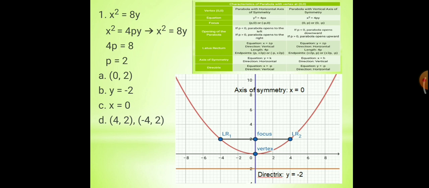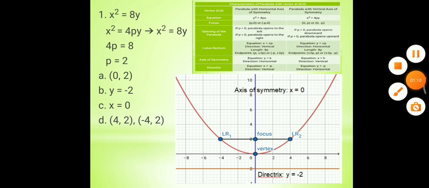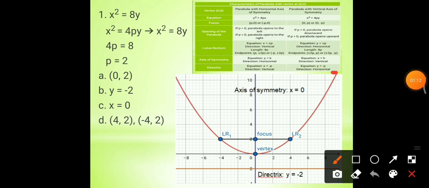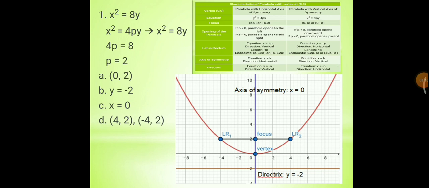The directrix. The equation of the directrix is y is equal to negative p. Since our value of p is 2, we have now the directrix at y is equal to negative 2.